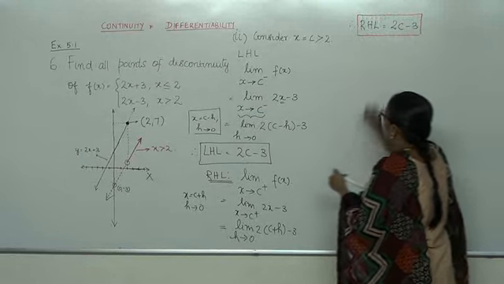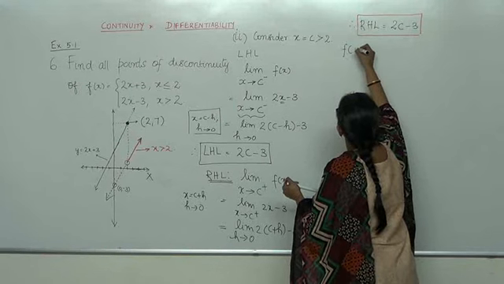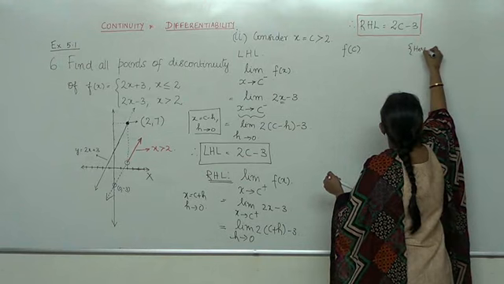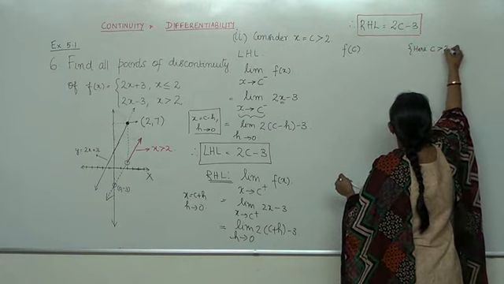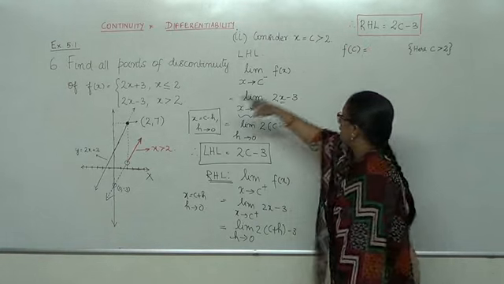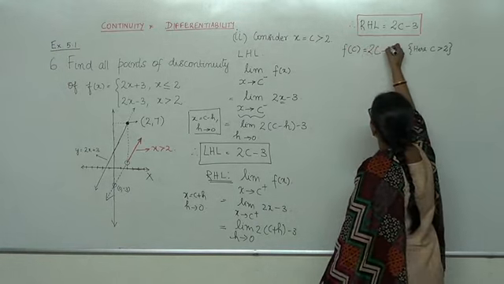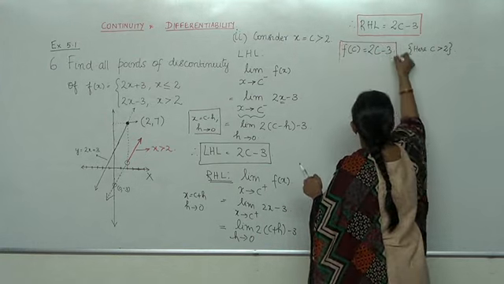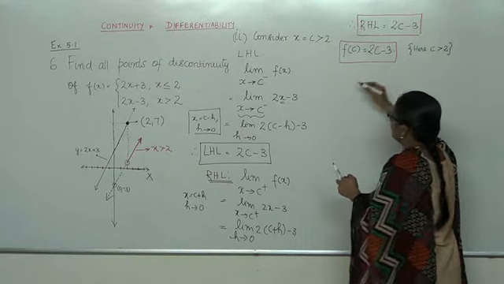We will also find f of c where c is greater than 2. So f of c here, c is greater than 2, will take 2c minus 3. So this is the value of the function at the point x is equal to c where c is greater than 2.